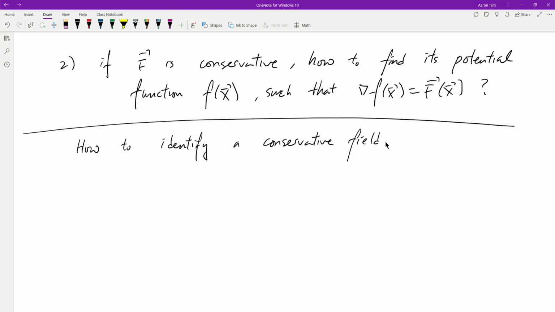To do that, we have to make use of something that we have learned in 9.1. So what did we learn in 9.1? Well, Green's theorem. So imagine the following.